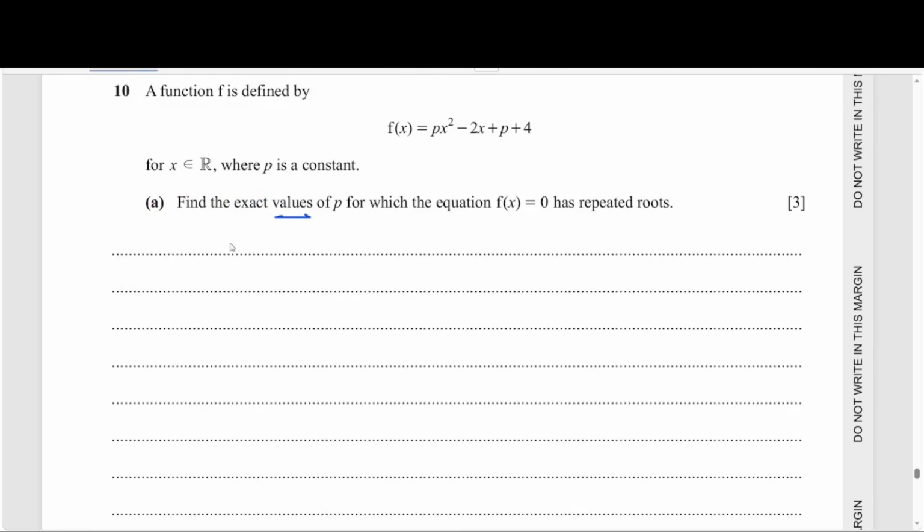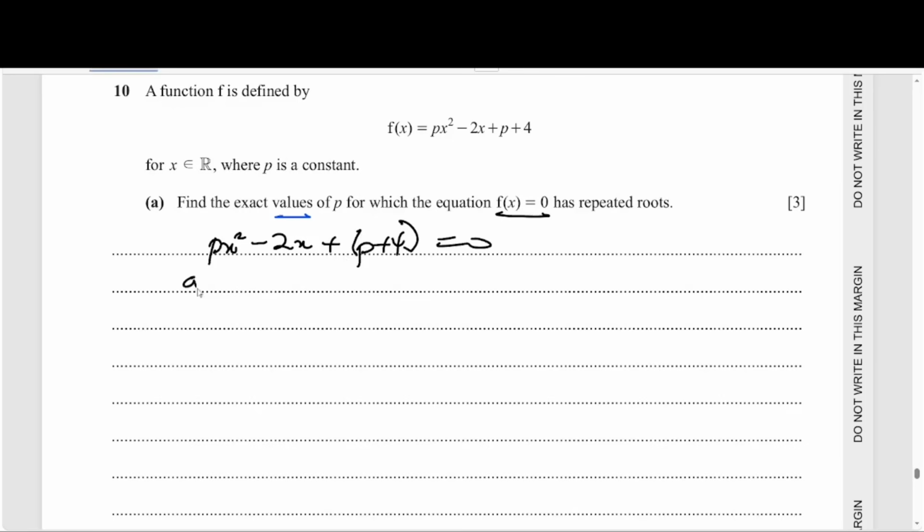Right. So first of all, f of x equal to 0. That means we equate this whole thing, px squared minus 2x plus p plus 4 equals 0. So that becomes a quadratic equation. Now we can group it nicely and find what a, b, and c are.